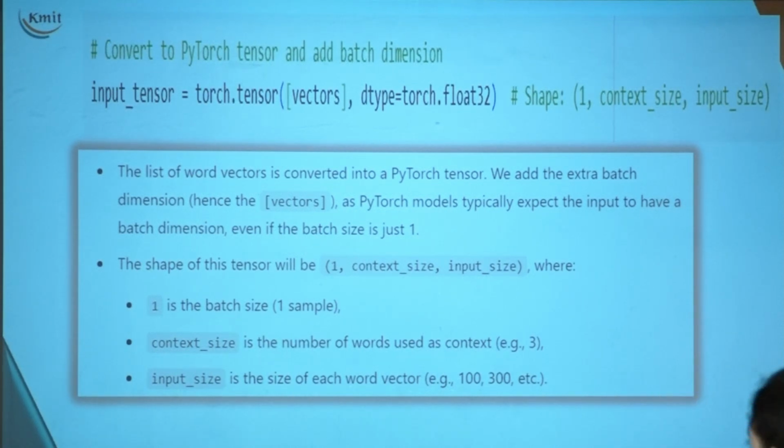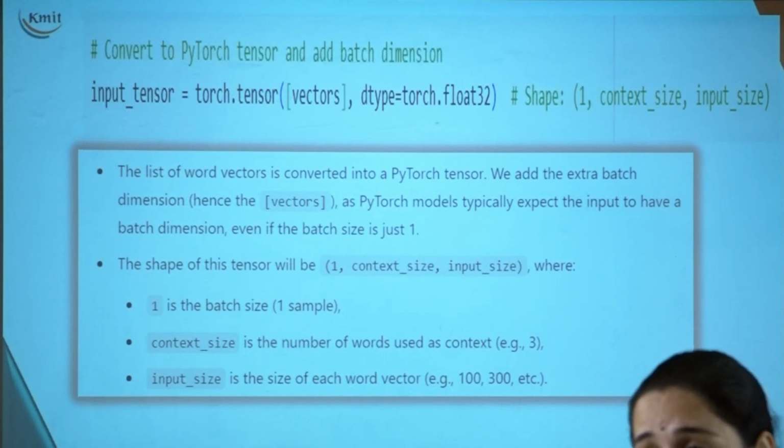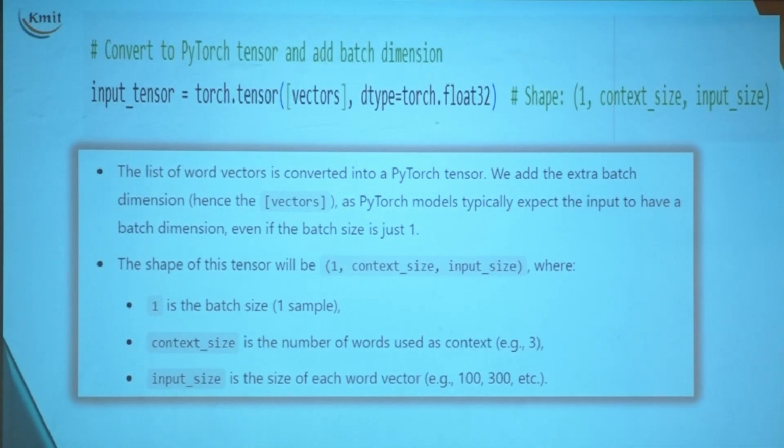Here the batch size is 1, because you are passing only a single input. So the input tensor is a torch tensor of shape 1, comma, context size, which here is 3, comma, input size, which is 50, the vector size. 1, 3, 50 is what you should get as your dimension.